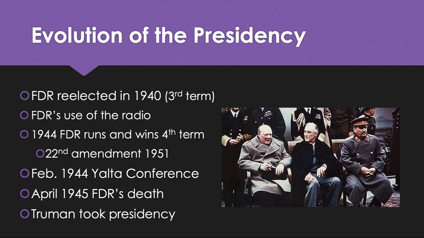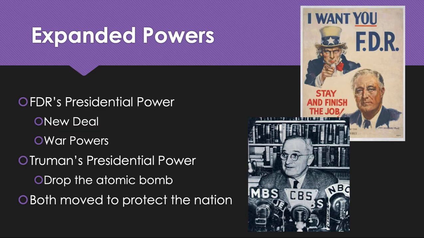And that's something that you can research on your own. I won't fall down that rabbit hole because I've already fallen down enough of the rabbit holes here today. But with FDR's death, we are going to see Truman take the presidency. What we have to recognize, though, is that World War II and FDR will expand the power of the presidency through the New Deal.